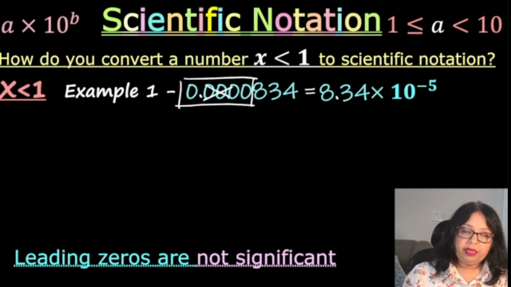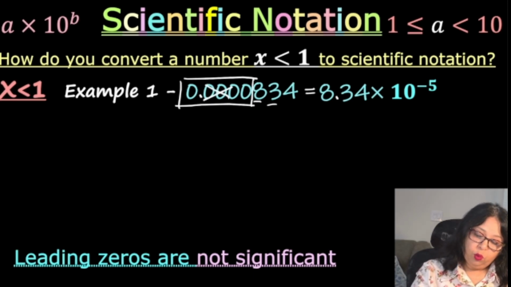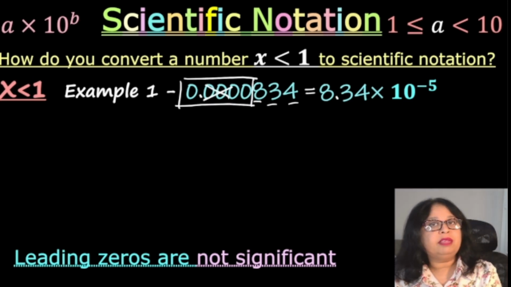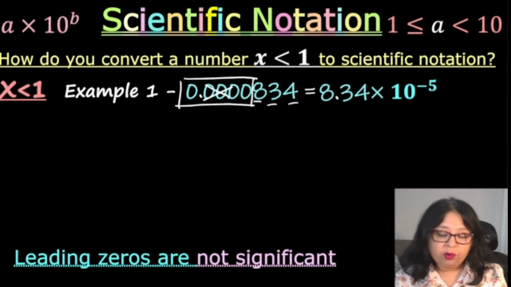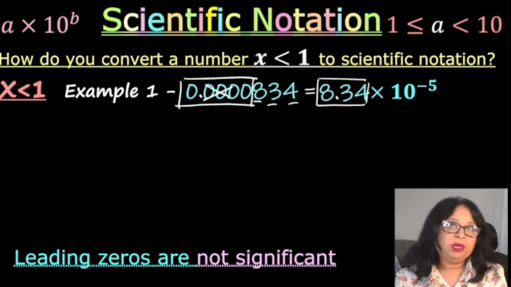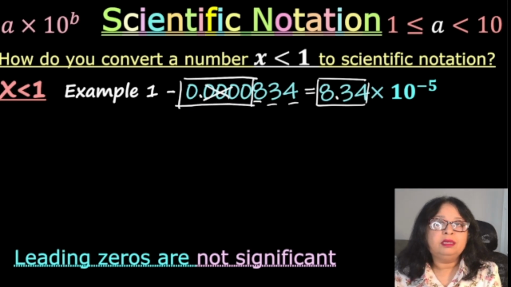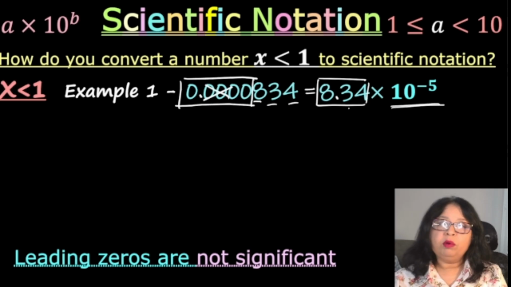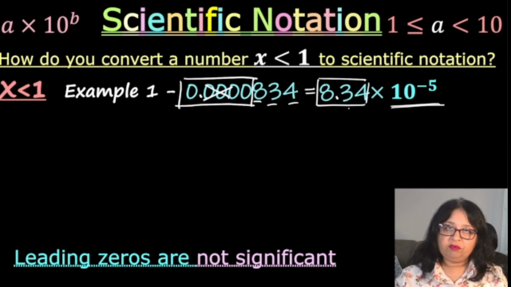On the left hand side, I have 1, 2, and 3, so 3 sig figs. Therefore, on the right hand side, I must have only 3 sig figs. Once again, like we did before, all of those sig figs are here in the coefficient, because the coefficient alone has 3 digits. Therefore, they must be significant. And 10 to the power whatever is there is not significant.